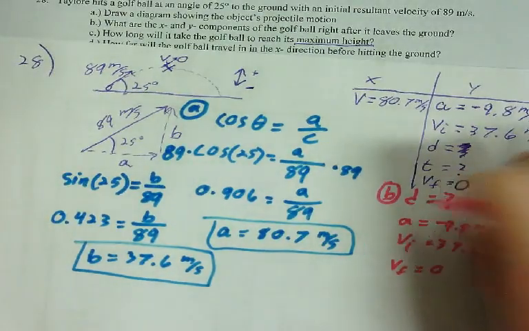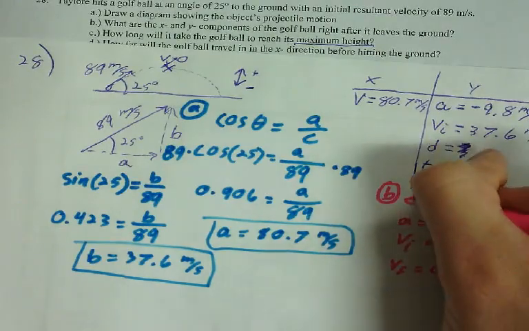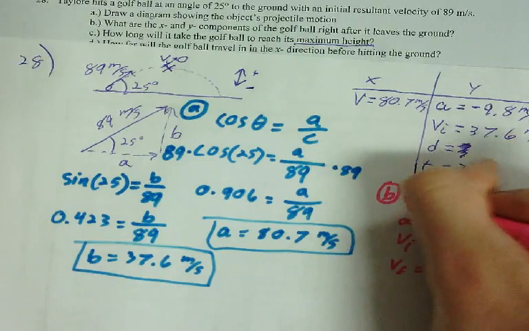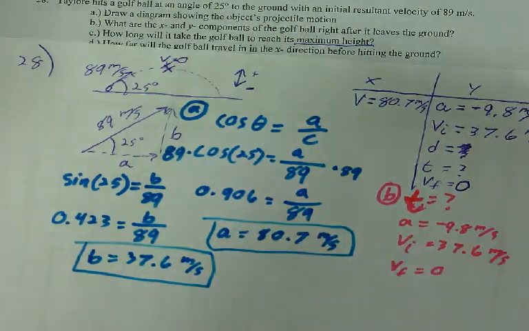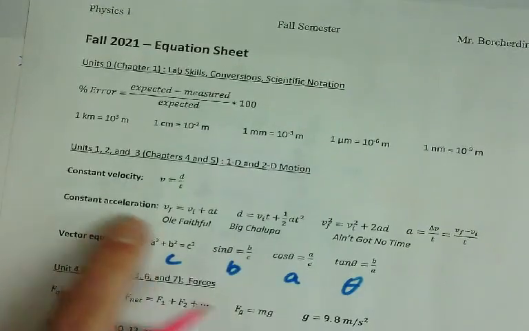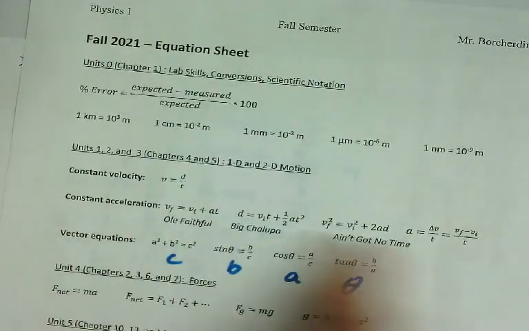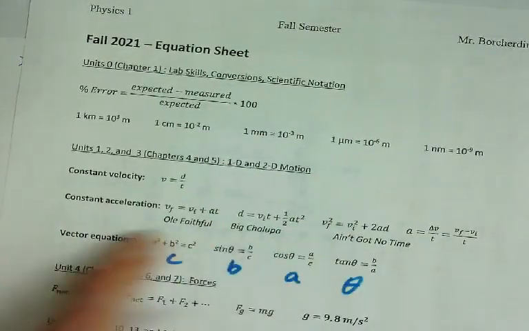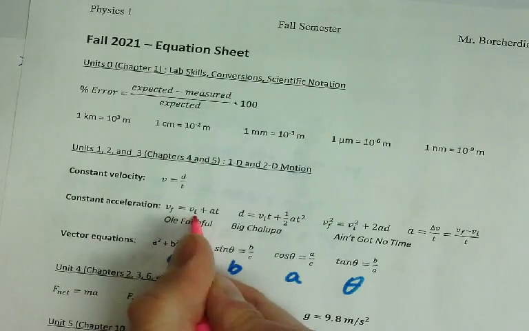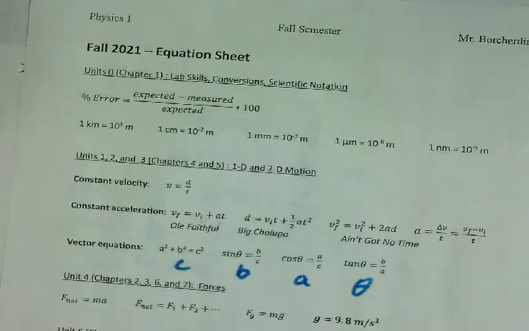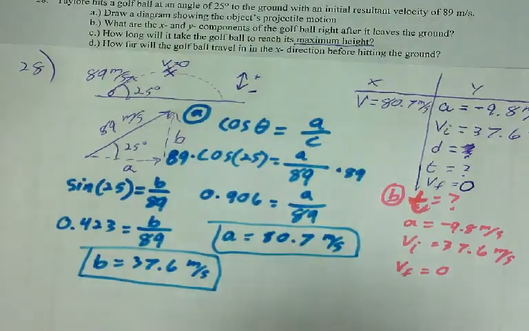I need an equation with T, because I wrote the wrong thing down. I need an equation with T, A, VI, and VF. So I look through my equations. I'm looking for my constant acceleration, my y direction stuff. Okay? And I'm saying to myself, what equations got VF, VI, A, and T? So Old Faithful is the equation we're going to use here.